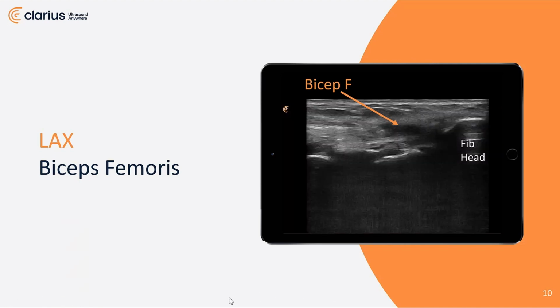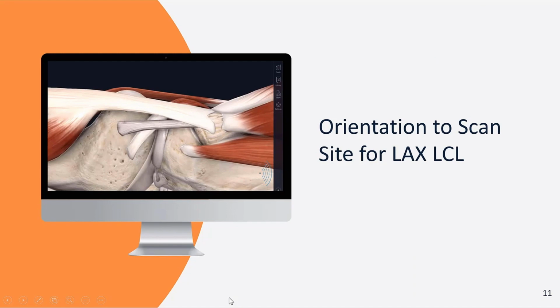So what we're going to do next is take a look at the structure of the biceps femoris tendon, and you're going to then see that we're going to move the probe in a counterclockwise direction to go over the top of the lateral collateral ligament.